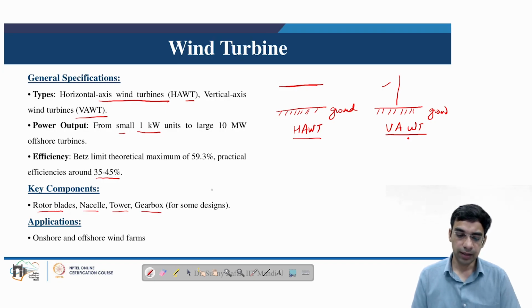Nowadays the wind turbine is also modified so as to eliminate the gearbox, because the gearbox is one such component in wind turbines which experiences maximum failure and needs maximum maintenance, and there is high cost involved. So in future we will be finding that the wind turbines are gearless.